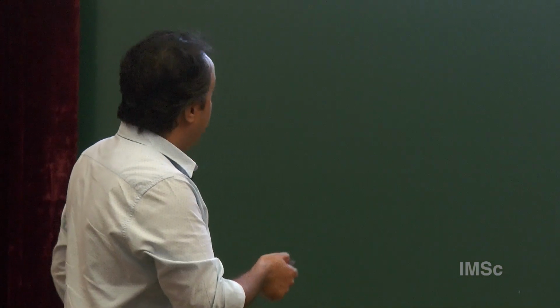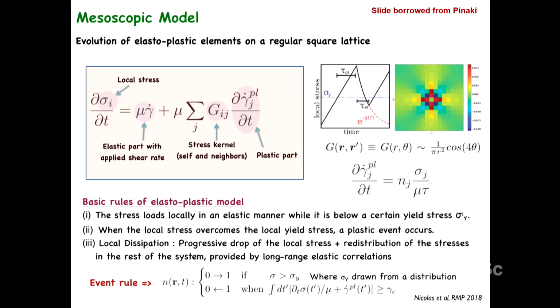Now, in recent years, people have started looking at different kinds of mesoscopic models. Once again, this is not from 2018. These ideas were there from very early days. According to this equation, which is more relevant to a lattice model, each lattice point is associated with a yield stress.